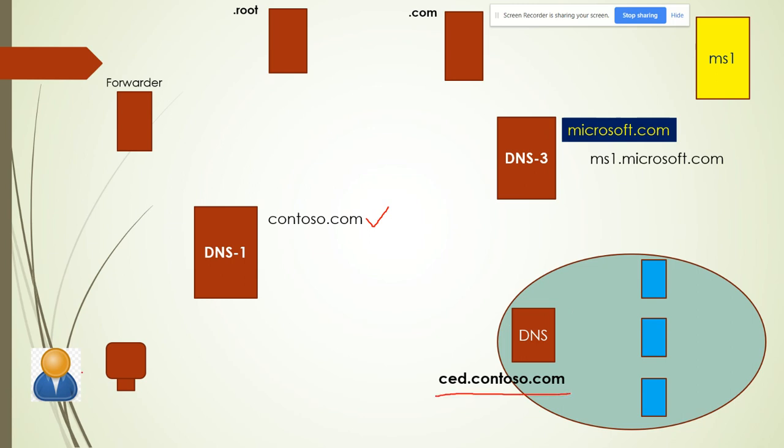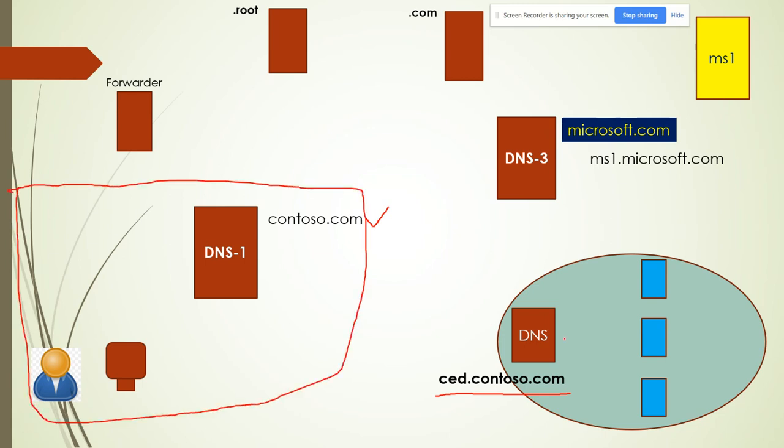And the users from contoso.com are frequently accessing the server from cd.contoso.com. So what happened? Either you set the DNS server information on the client system, or you create a delegation here. You create a delegation, put the delegation CD and give the name or DNS server information.